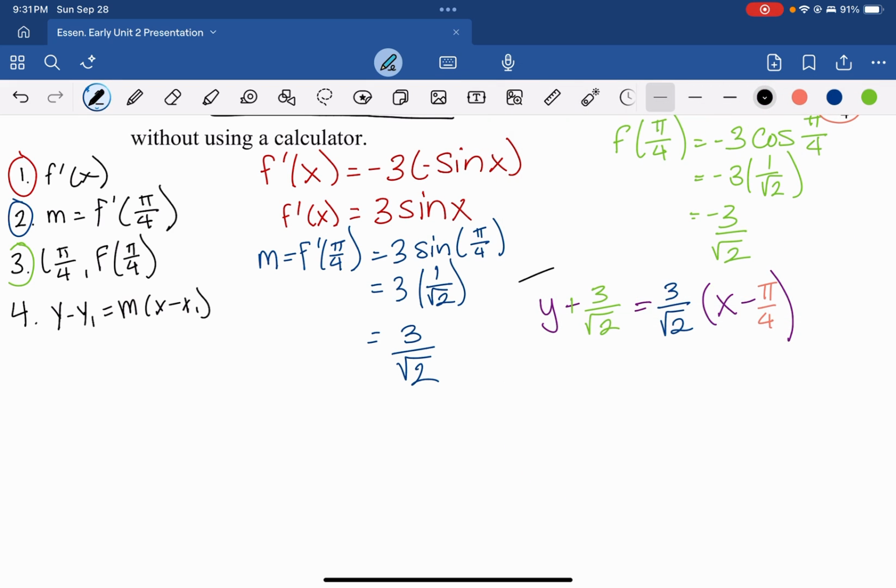Okay, so the equation of our tangent line is going to be y plus 3 over the square root of 2 equals 3 over the square root of 2 times x minus pi fourths, right?